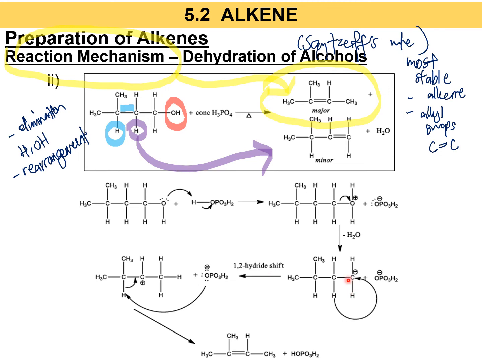Okay, where we shift the positions of the hydrogen and the carbocation. Here, we will shift the positions of the hydrogen and the carbocation. Wait a moment, I'm going to highlight this one, hydrogen and carbocation. This plus sign. We only swap the positions of these two.